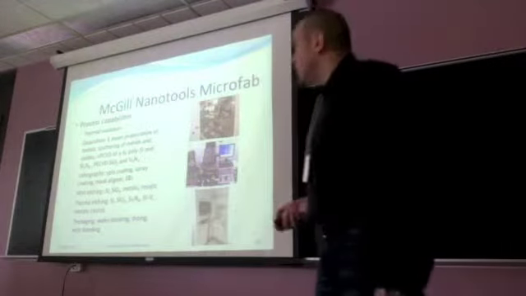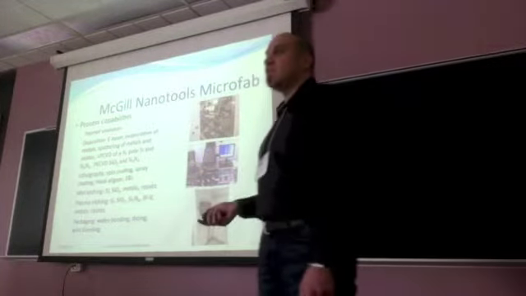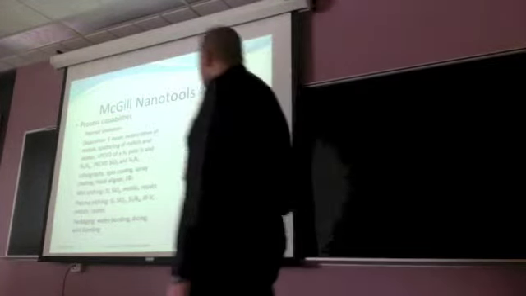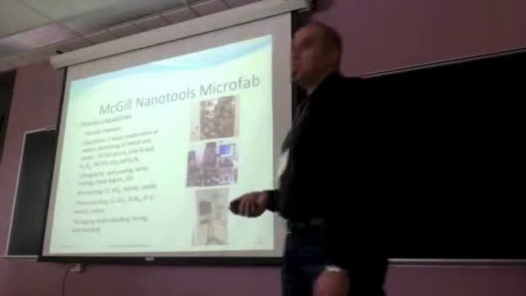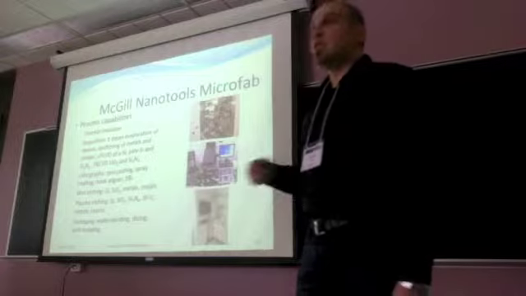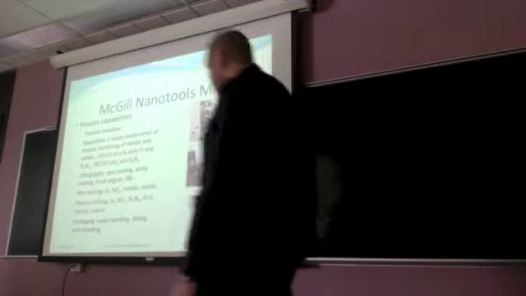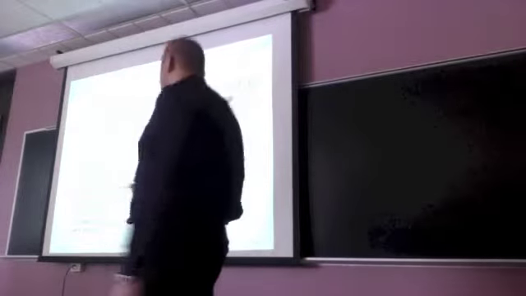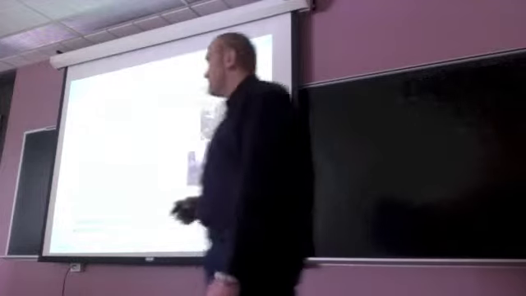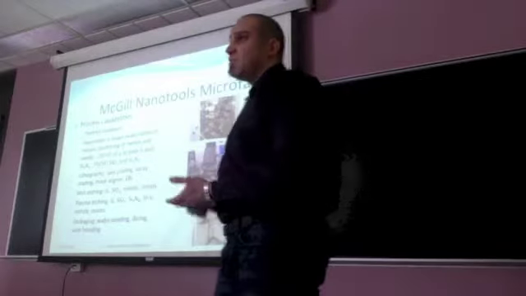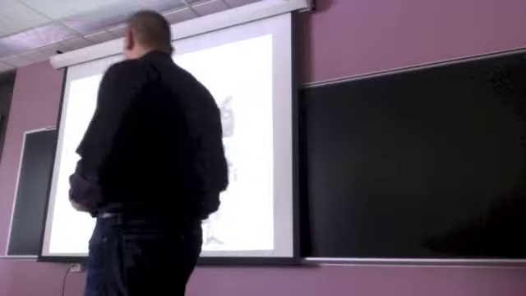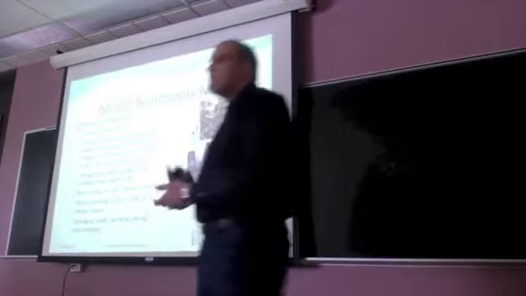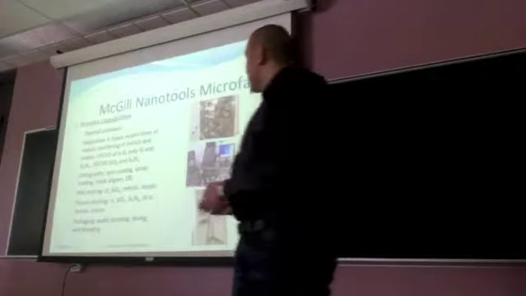We have chemical vapor deposition of silicon and its compounds, and tools for photolithography. We have a scanning electron microscope that can be used for e-beam lithography. We can do wet etching of silicon, metals, and resists. We have plasma etching tools, and we can also do packaging: wafer bonding, dicing, and wire bonding.